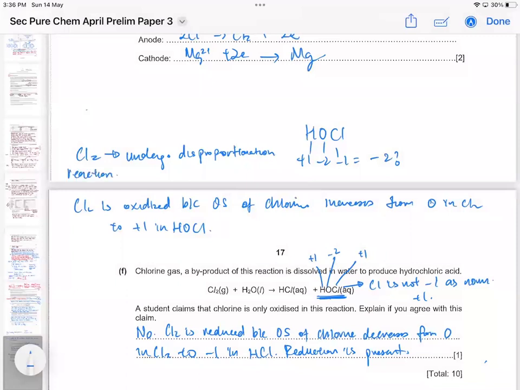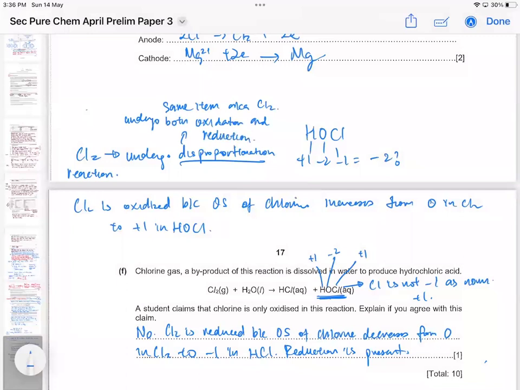What is a disproportionation reaction? That means it's the same item, the chlorine in this case, that undergoes both oxidation and reduction.